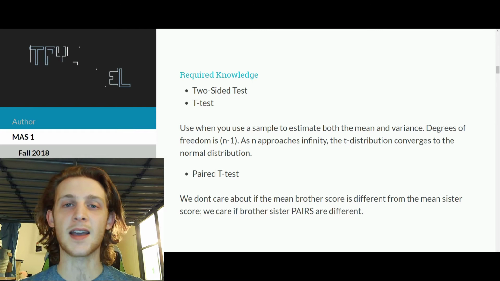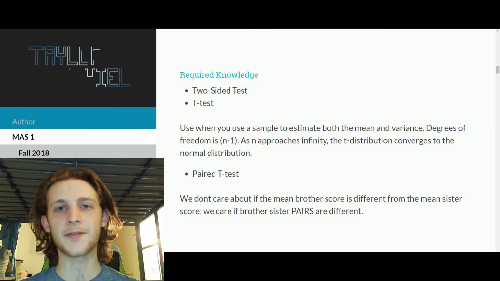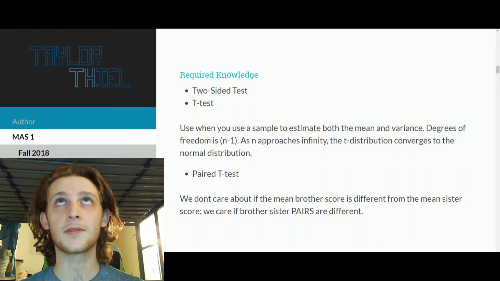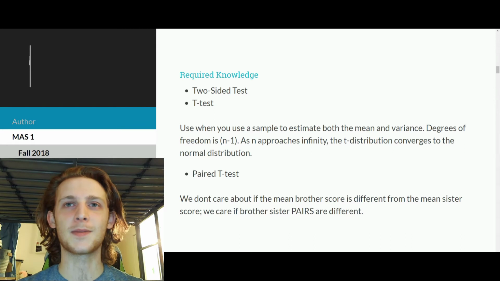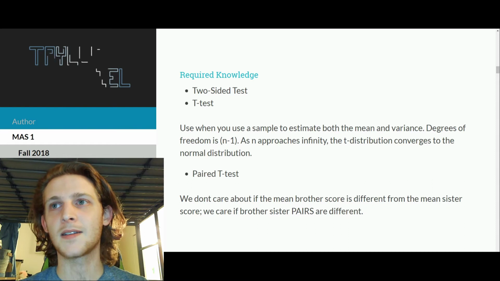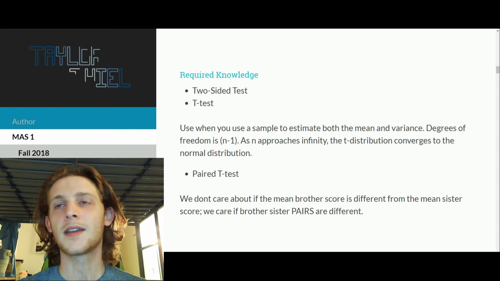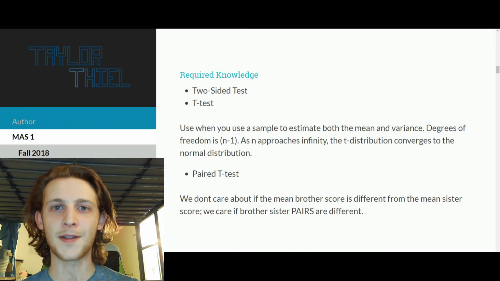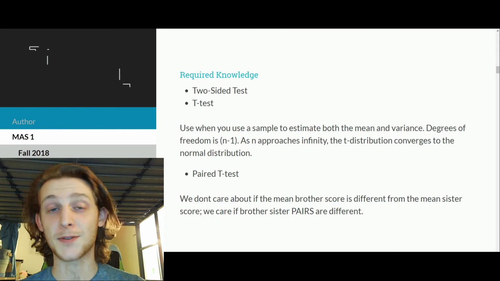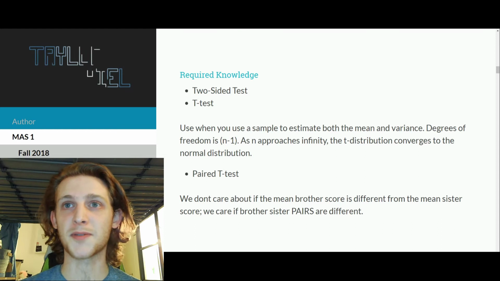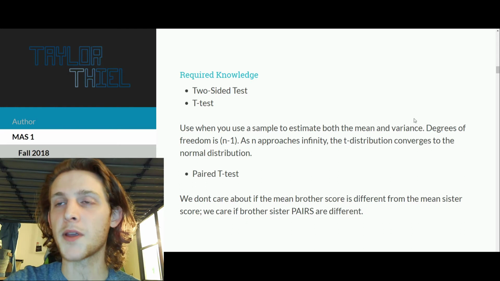And that's just because, again, you're trying to account for that increased variance due to using the sample variance to plug that in as the variance you use for your overall t-distribution. But if your sample size is increasing, your estimate of the true variance is going to approach the true variance. And that's why you're going to approach a normal distribution as your sample size increases. So just thought I'd point that out there.